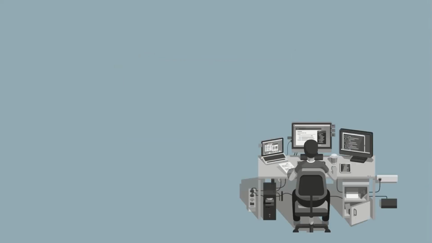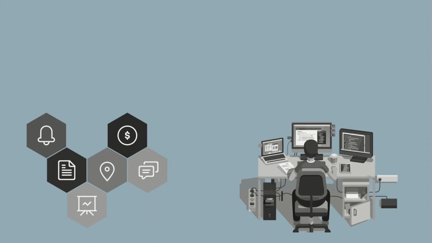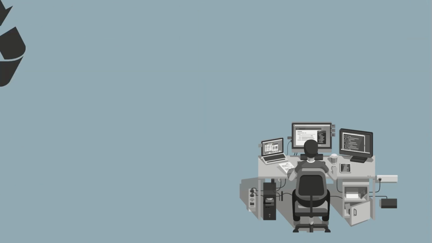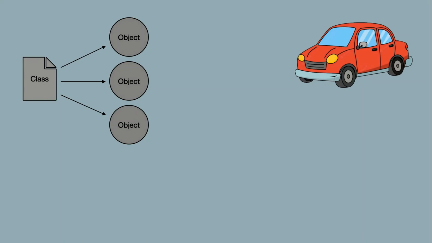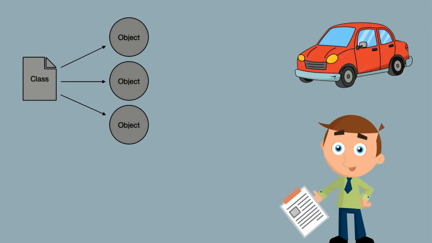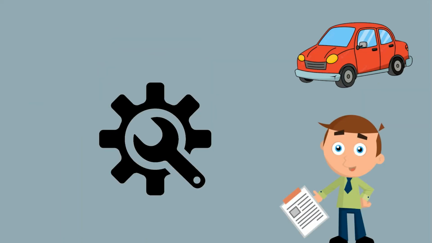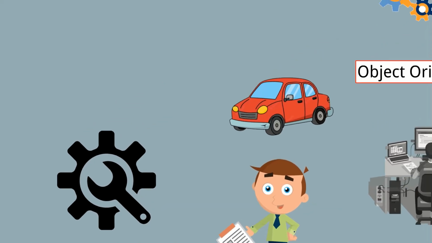It helps programmers create modular and reusable code by breaking down the program into smaller, self-contained objects that interact with each other. Just like we created the car as an object which has its own smaller self-contained program. This approach allows for easier understanding, maintenance, and of course, expansion of your program.